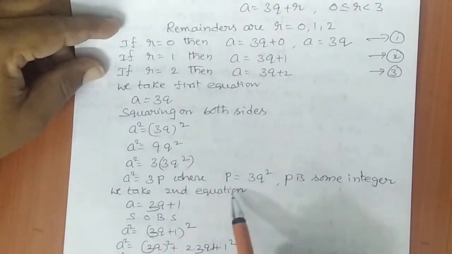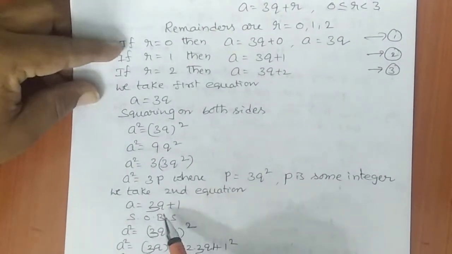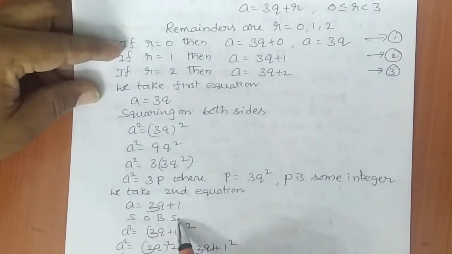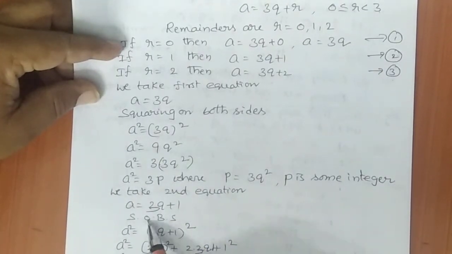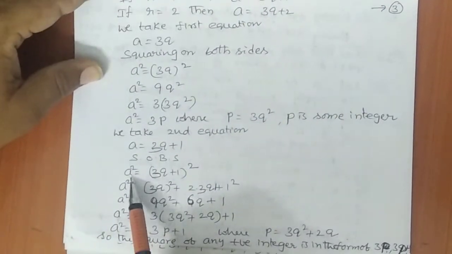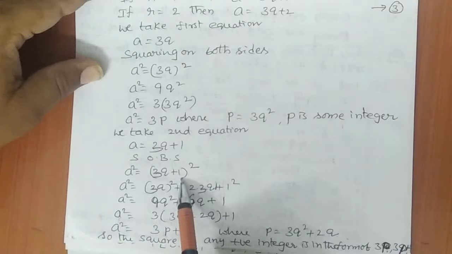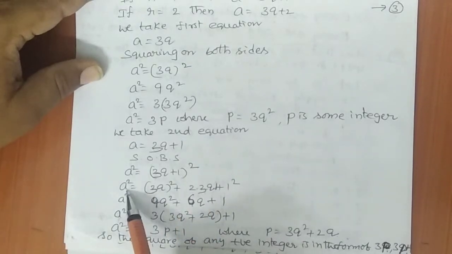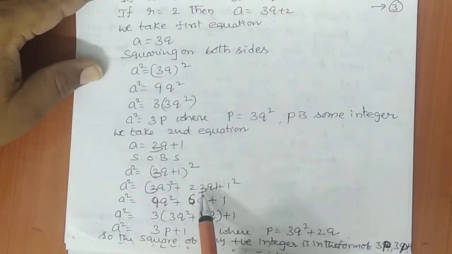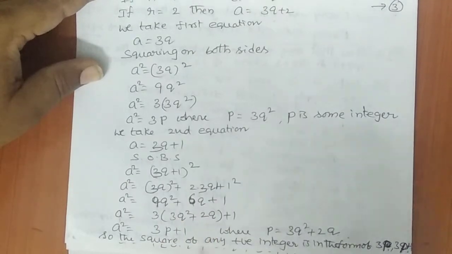Next we take the second equation, a equal to 3q plus 1. Squaring on both sides. So a square equal to 3q plus 1 whole square. a plus b whole square is a square plus 2ab plus b square.